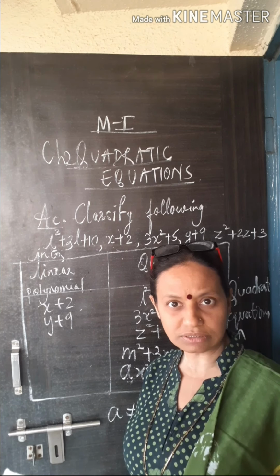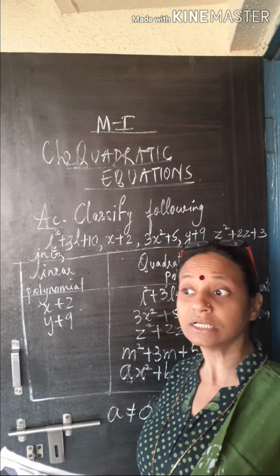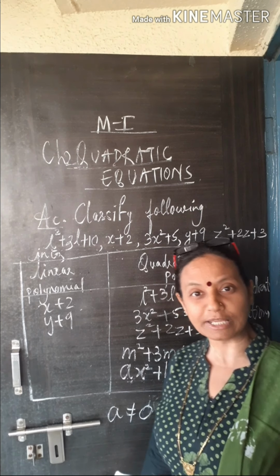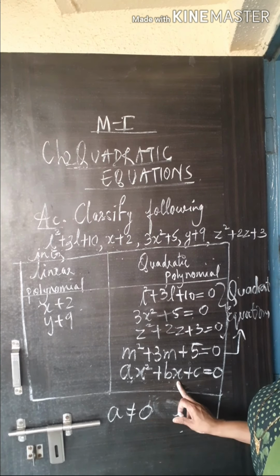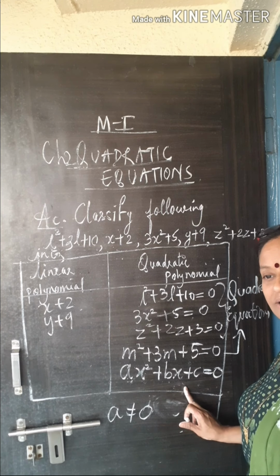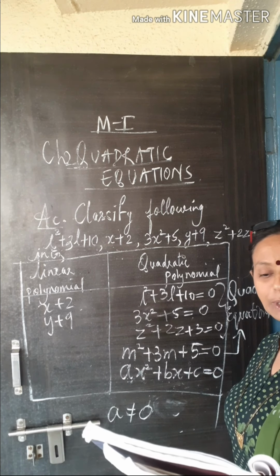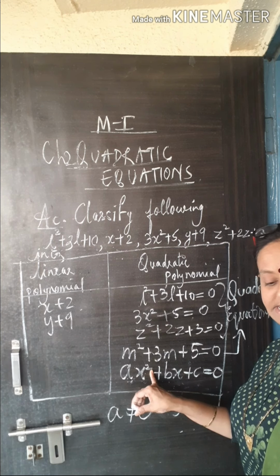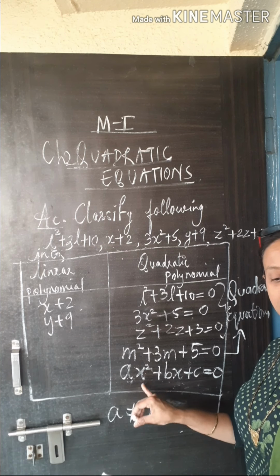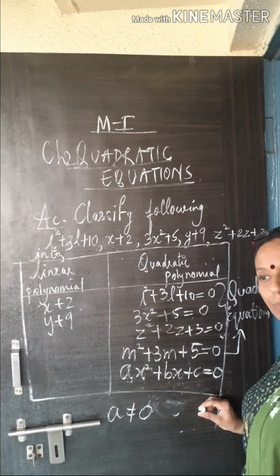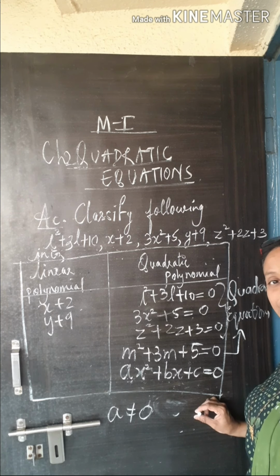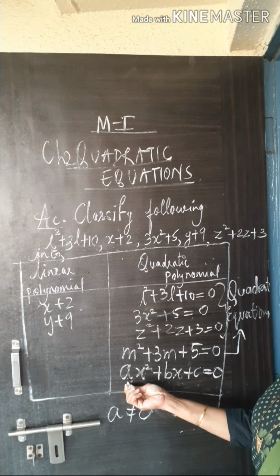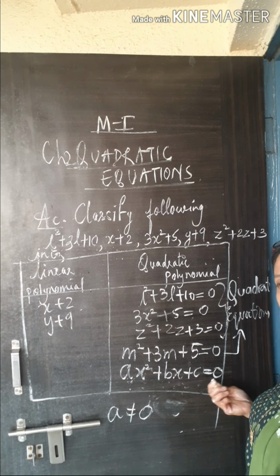Write it down: the equation involving one variable, as you can see there is only one variable, x, and having 2 as the maximum index of the variable is known as the quadratic equation. This is the definition of quadratic equation, and the standard form of the quadratic equation will always be ax square plus bx plus c equal to 0.